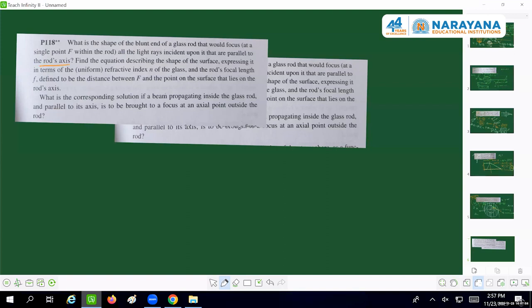Very interesting. There are a few questions I will put up. Just listen to the questions. The first thing it is saying is, if you bombard a beam on a glass rod, it's not possible that all the rays hit a point. But if you want all those rays to finally reach a point on the axis of the glass rod, the surface of the glass rod should have a unique shape.